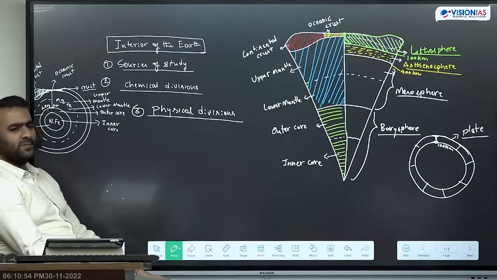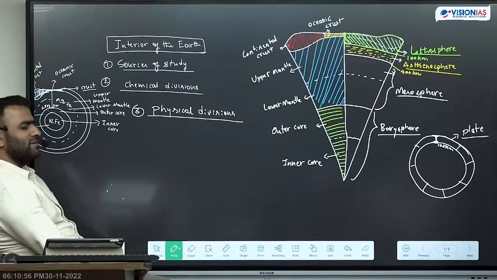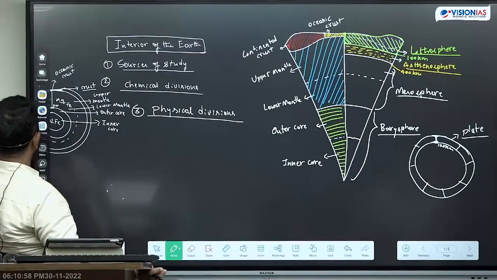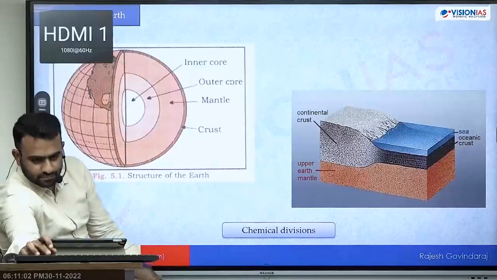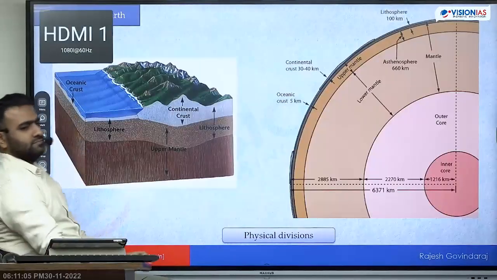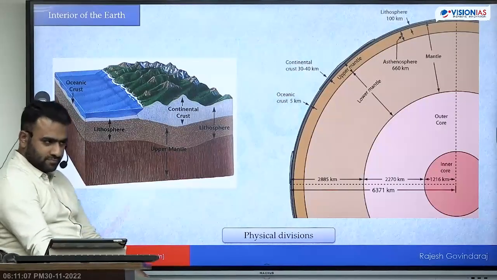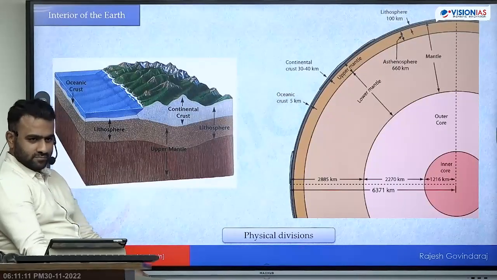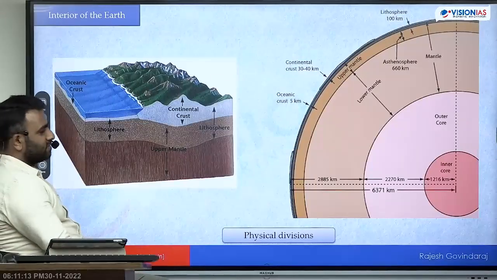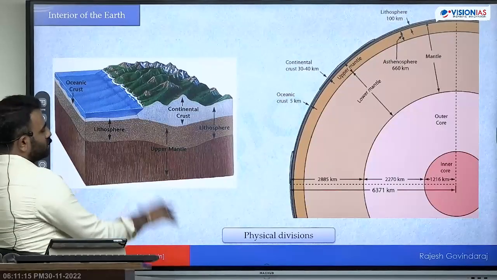Barysphere, outer barysphere, inner barysphere. So overall information is limited. That's why we have kept it as a single layer. सब lithosphere में है. So this is how the lithosphere looks.